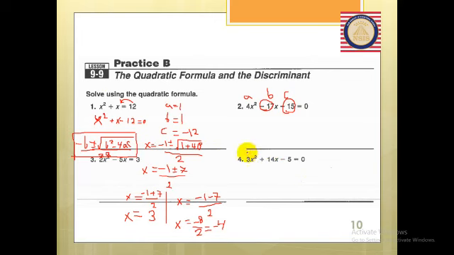And also here, the a is 3, the b is 14, and the c is negative 5. Then I'm going to substitute also in the quadratic formula.